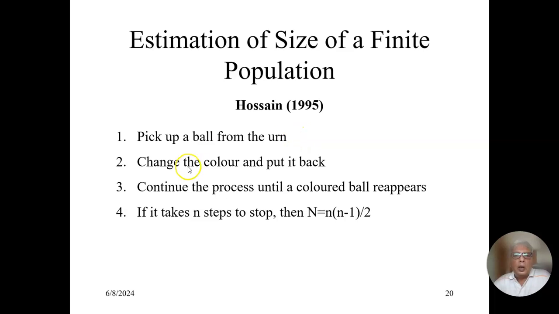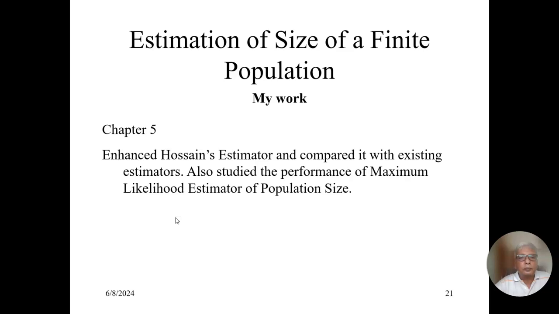Pick a ball from the urn, change the color and put it back, continue the process until a colored ball reappears. If it takes small n steps to stop, then the estimate of capital N will be n into n minus 1 by 2. So one can show that it's unbiased and it's the best estimate. So in my work, in chapter 5, I completed 4 chapters on estimation of common mean.